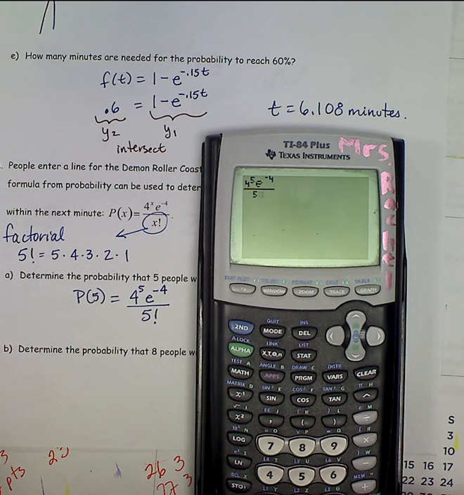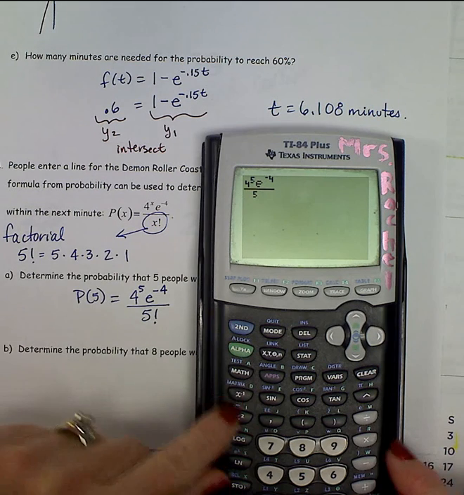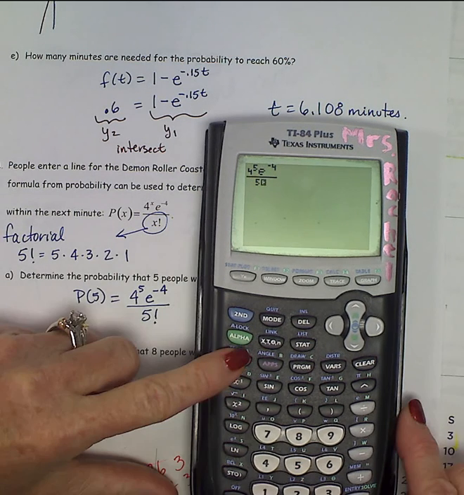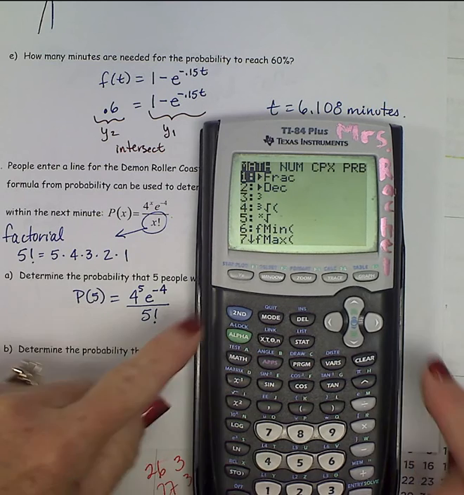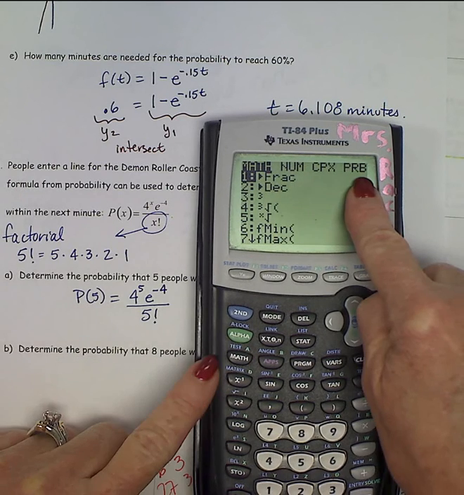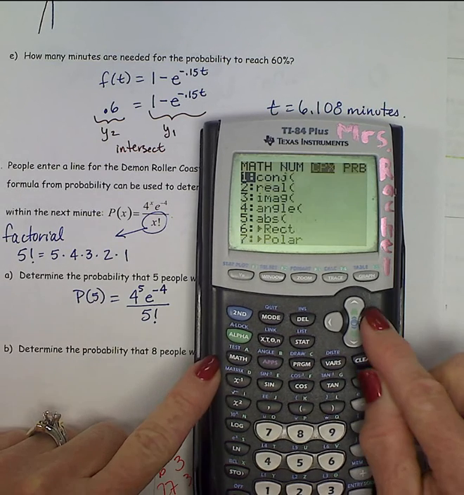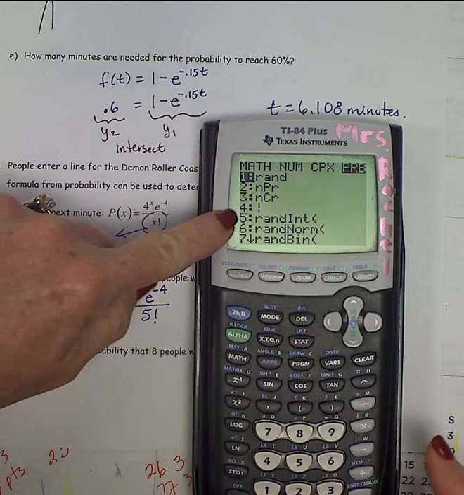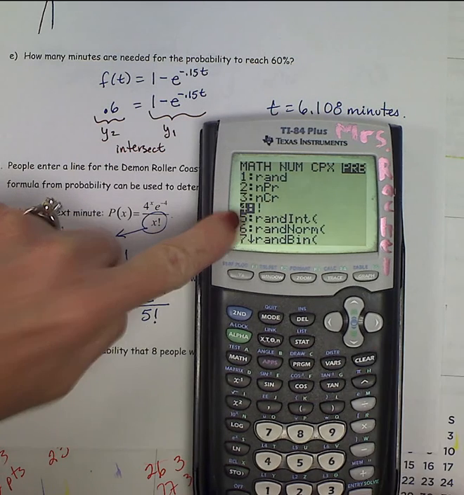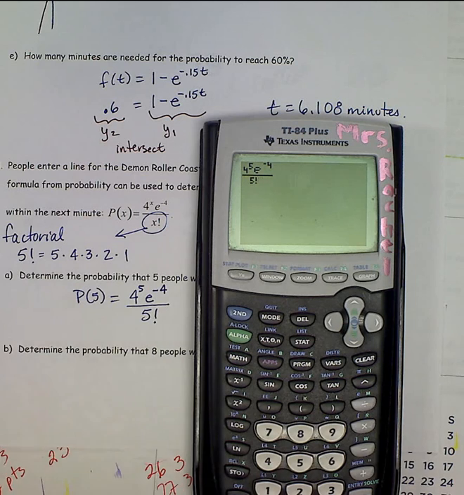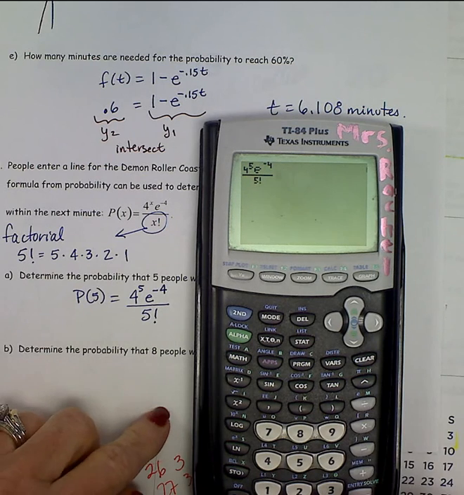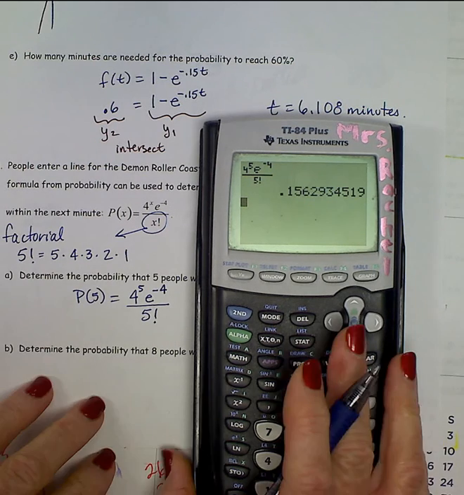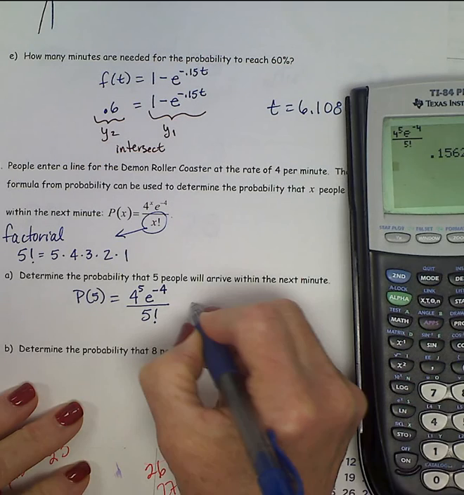You can find factorial by going to math, arrow over to probability, which is PRB, and there it is, the 4th one down. Okay, enter. 0.1562, so 0.156.